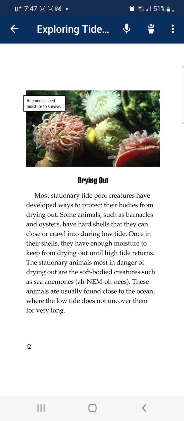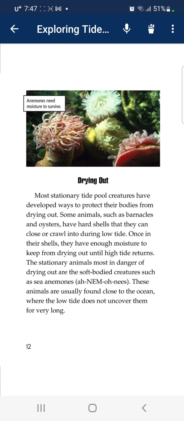Drying out. Most stationary tide pool creatures have developed ways to protect their bodies from drying out. Some animals, such as barnacles and oysters, have hard shells that they can close or crawl into during low tide.